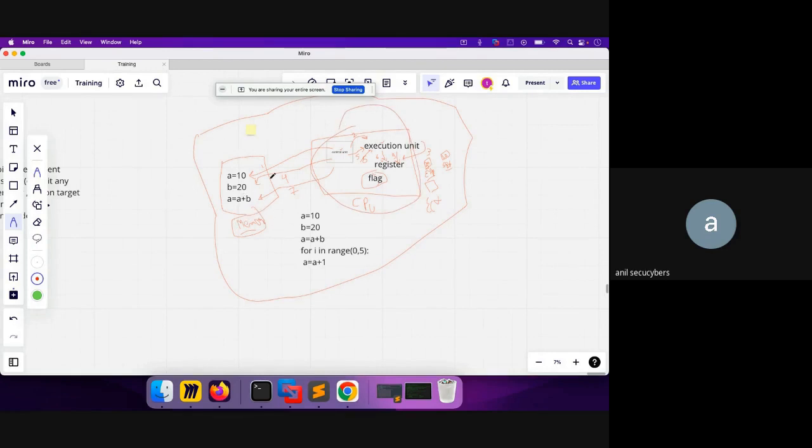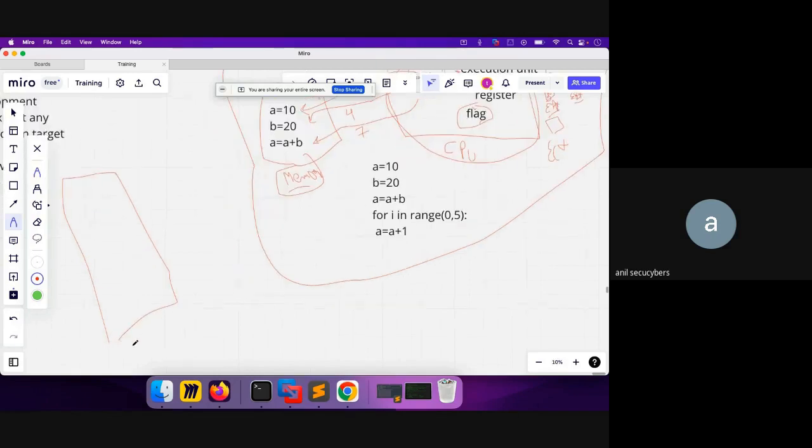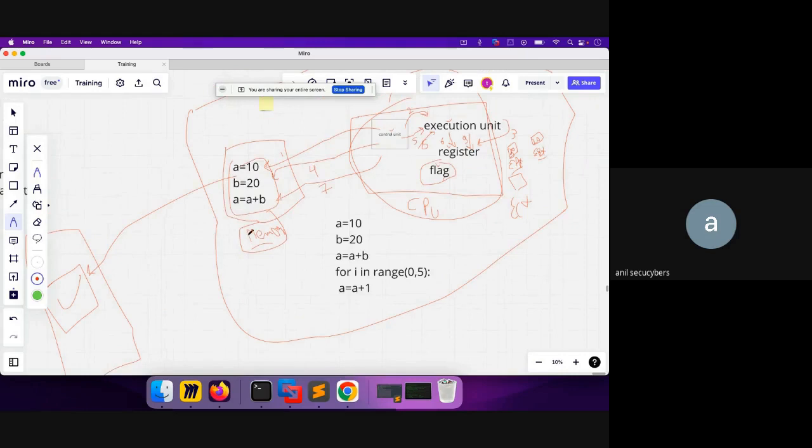So we need to discuss that there will be our own RAM memory, where initially this code will be existing over here. And then this memory, you can say, is the cache memory.